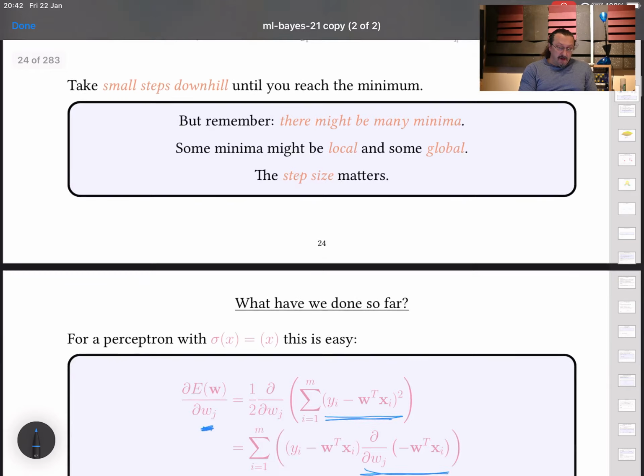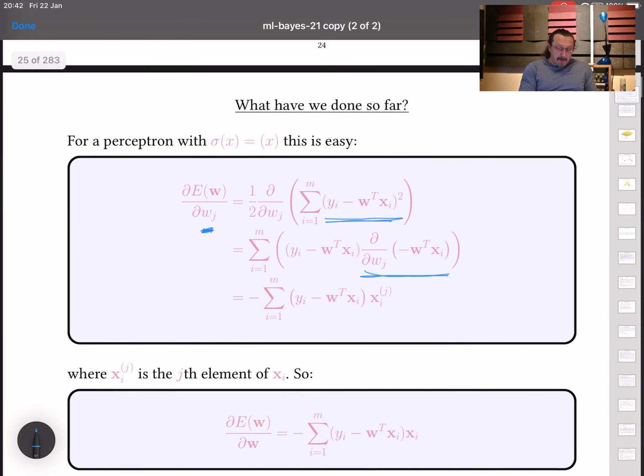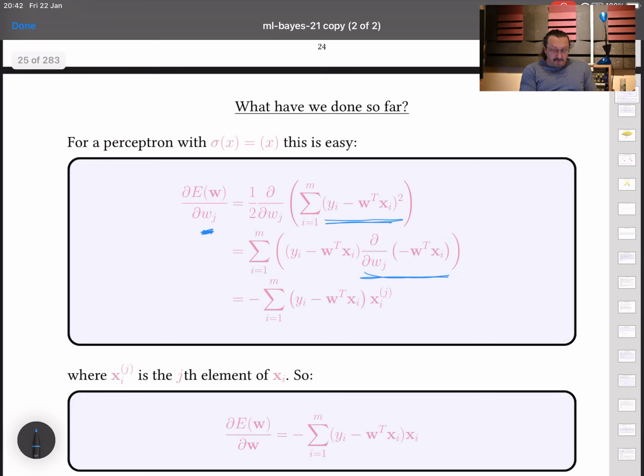So what I end up with here, in this case, is the jth element of the ith training vector. Okay, so that gives me a computation of the gradient of the sum of the squared errors, E of W, with respect to W, for a perceptron. The simplest learning algorithm you can really possibly imagine, I think.